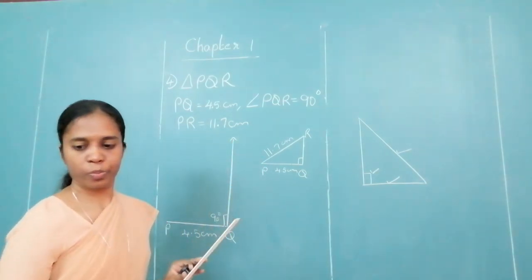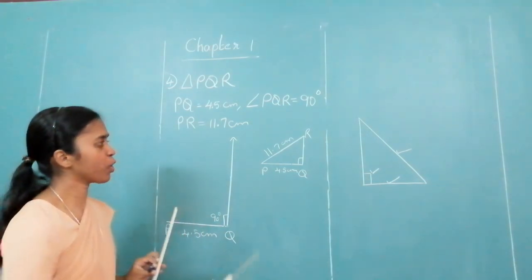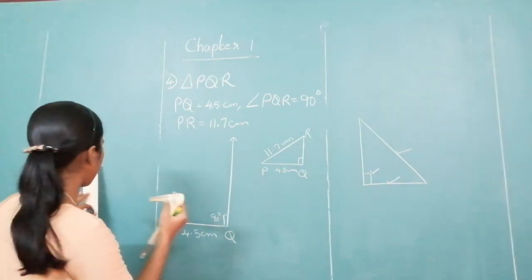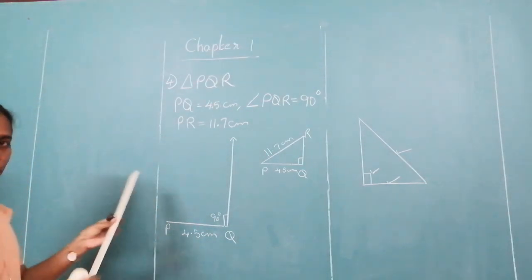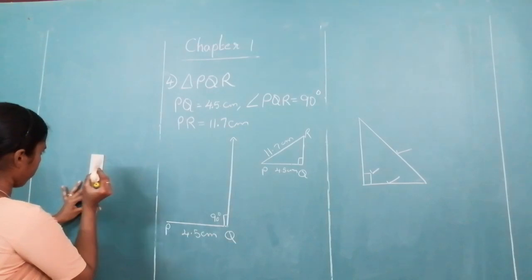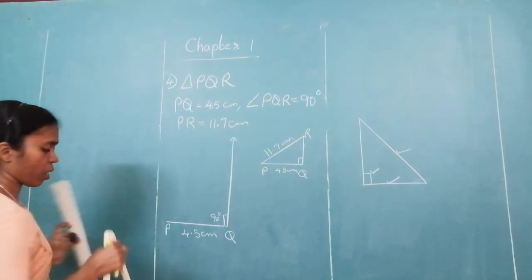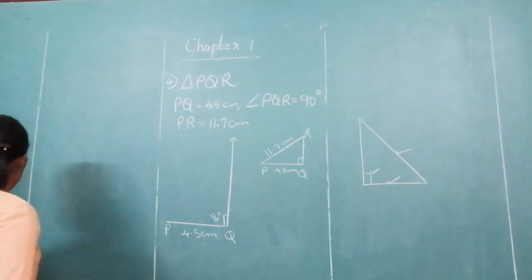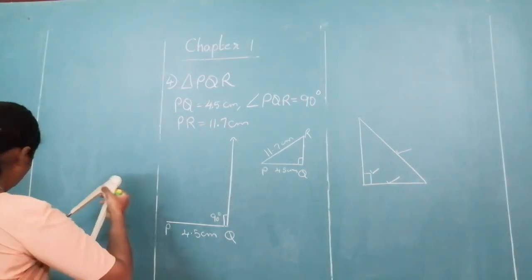What is the next measure given to you? PR. How much is it? 11.7. So take PR on the compass, 11.7.